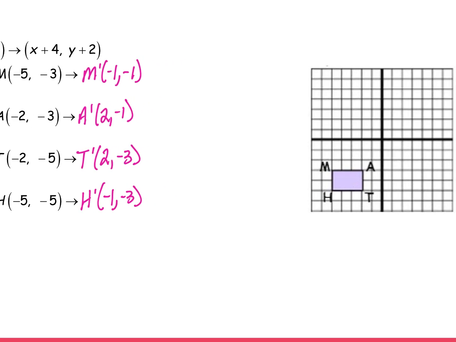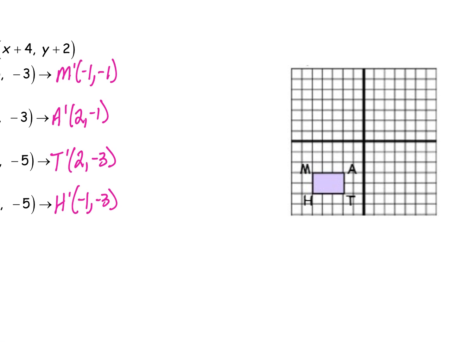Okay, now we're going to graph this sucker. Put them on the graph, right? Same thing. X goes left and right. Y goes up and down, right? Okay. So negative 1, negative 1 is here, and that's M prime. And then 2, negative 1 is A prime.